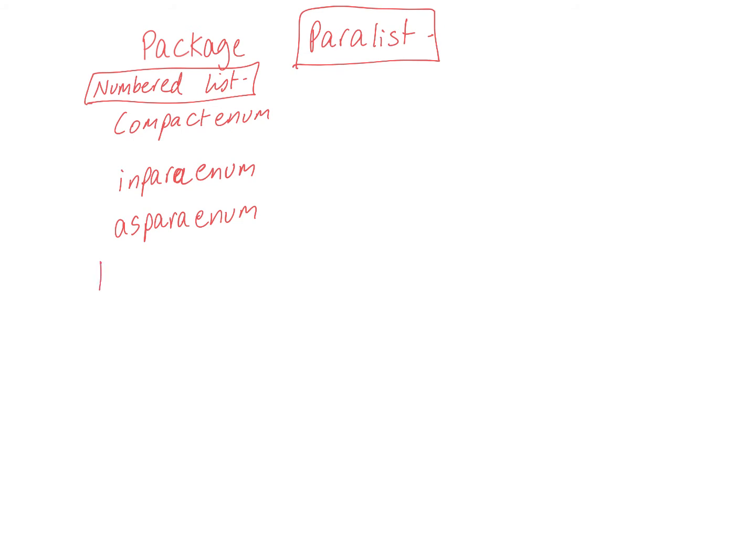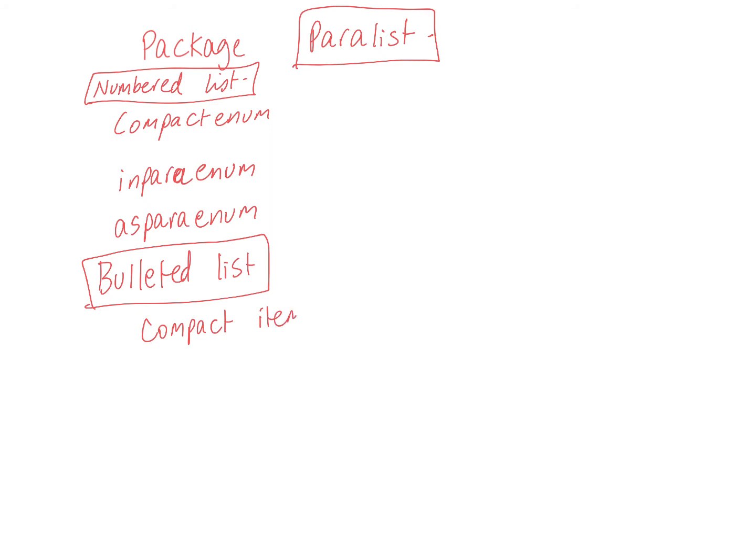And then similarly for the bulleted lists, we'll use compact item, in para item, as para item, right? And put them together. So it will do the same thing, but within a bulleted list and a numbered list.